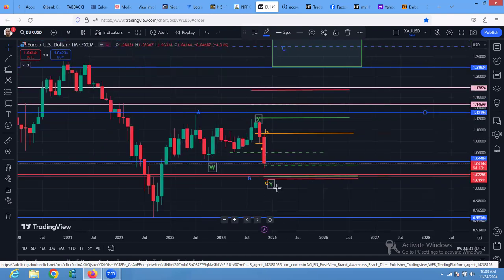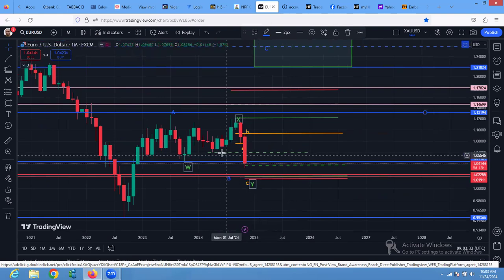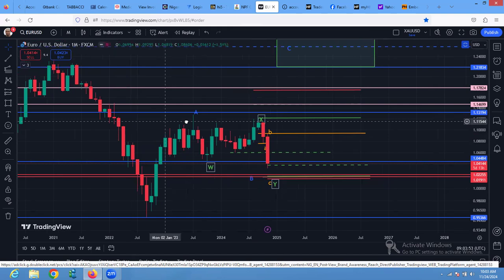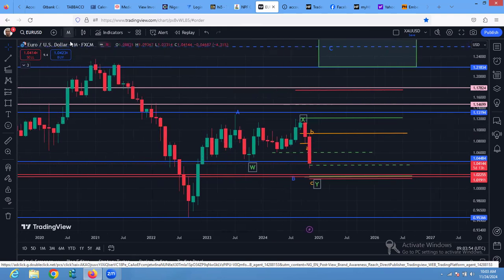Where to observe for resistance now is this area here, where the support for this price was. This is going to act as resistance, so I don't expect price to break this to the upside. If you have any retest to the upside here, before we get here, it is an opportunity to sell again to this area.